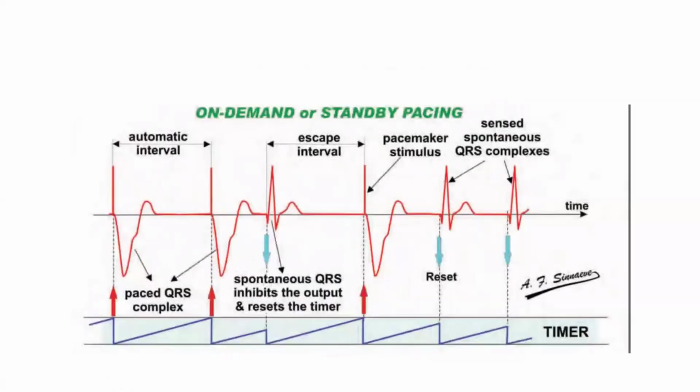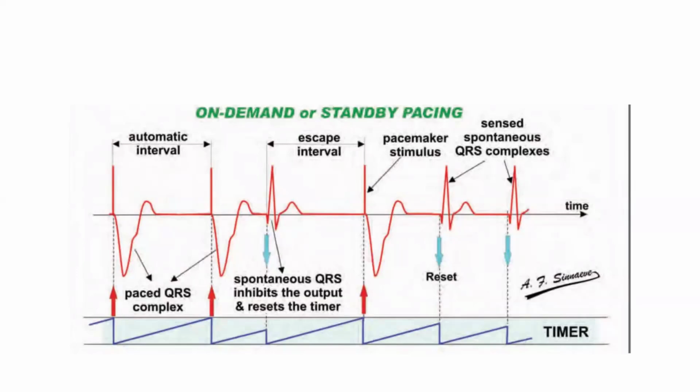So when we discuss this tracing, the first impulse is a spike followed by a paced QRS complex, then a spike followed by a QRS complex at the automatic interval, or the lower rate interval. Then we have a spontaneous QRS complex.